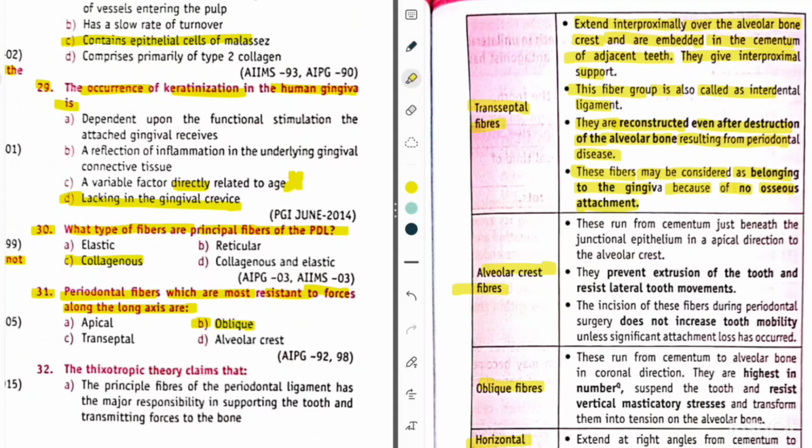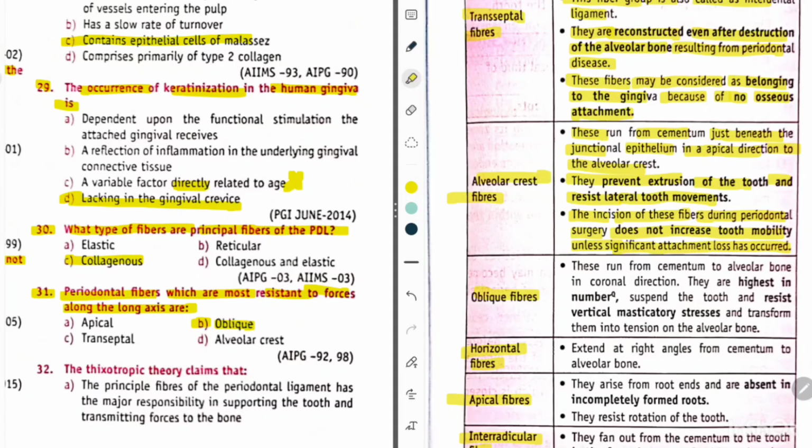Now alveolar crest fibers, they run from cementum just beneath the junctional epithelium in an apical direction to the alveolar crest. They prevent extrusion of the tooth and resist lateral tooth movements. The incision of these fibers during periodontal surgery does not increase tooth mobility unless significant attachment loss has occurred.